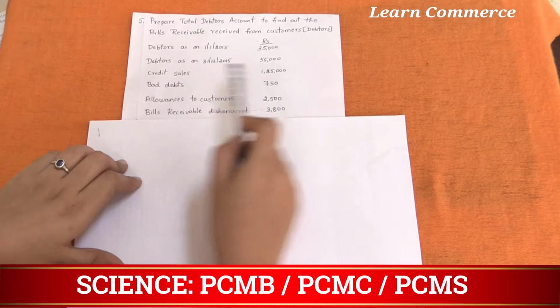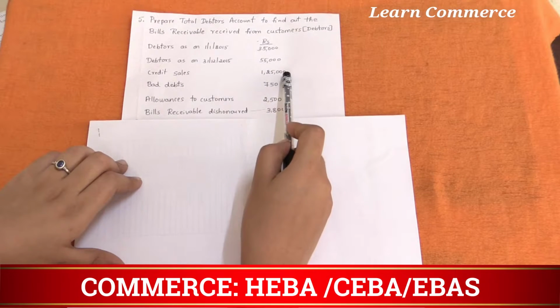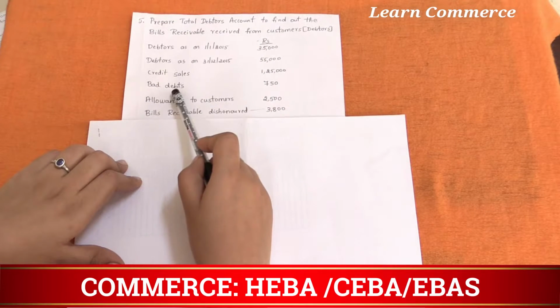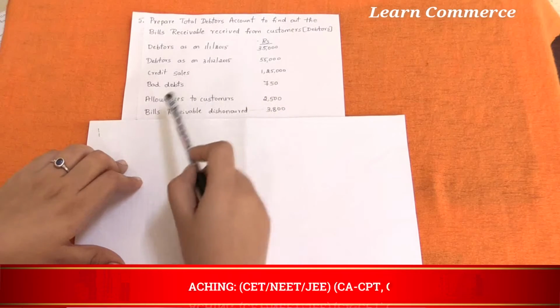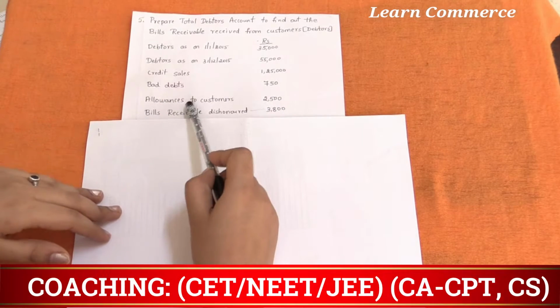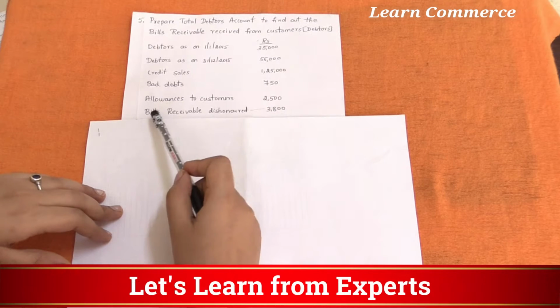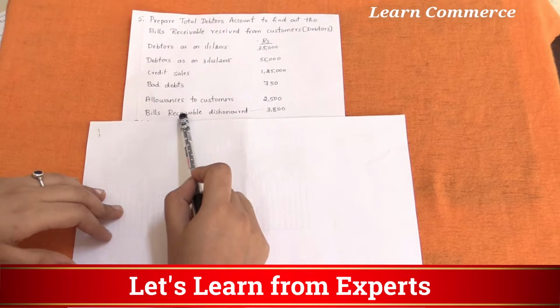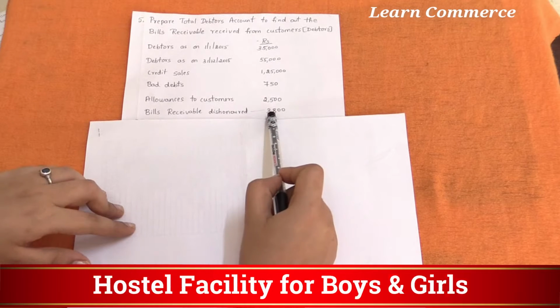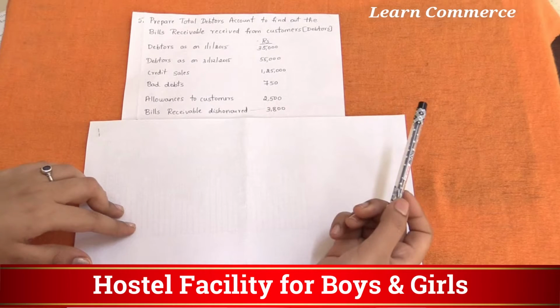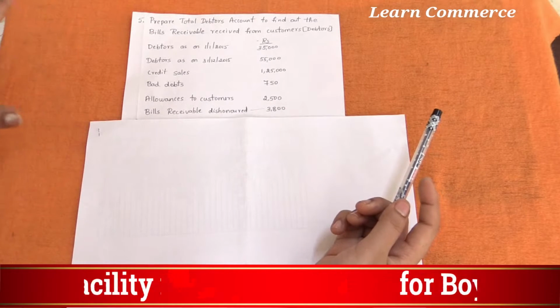Credit sales 1,25,000. Bad debts 750. Allowances to customers 2,500. Bills receivable dishonored 3,800. This is the given question.